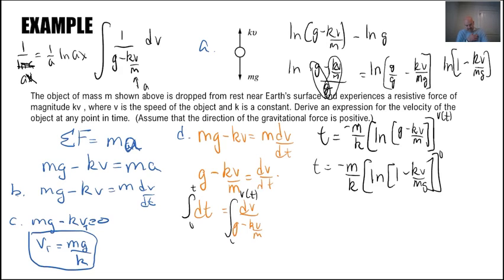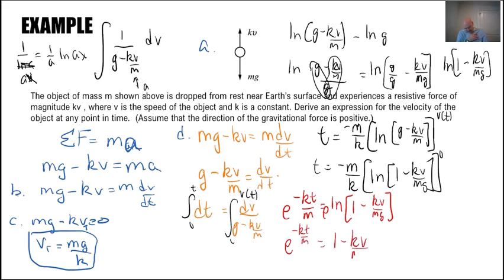Well, now I multiply the negative k over m over, right? So I get negative kt over m equals ln 1 minus kv over mg. Okay, and now to finish my solve, I'm going to do e to the, so e to the negative kt over m equals 1 minus kv over mg.